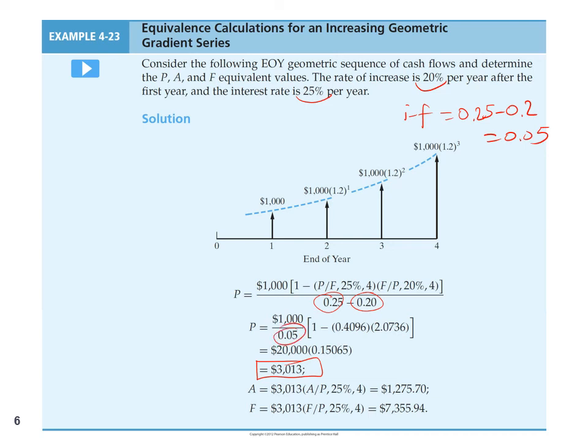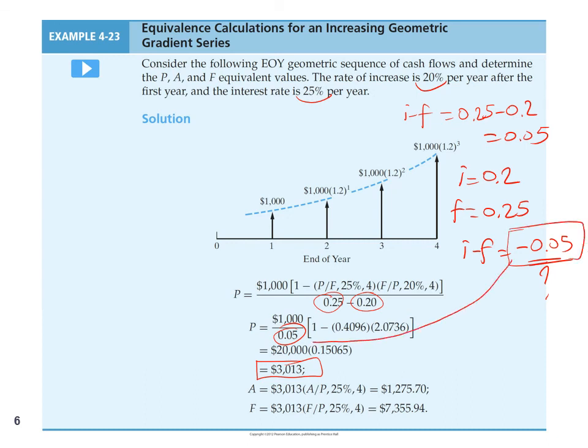But if it was vice versa, if I was 0.2 and F was 0.25, then I minus F would be minus 0.05. It would be negative. So what shall we write into this formula? You write exactly as it is, negative 0.05, right? Don't be confused, just implement the formula.